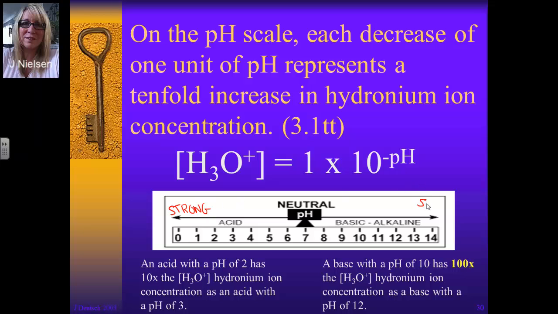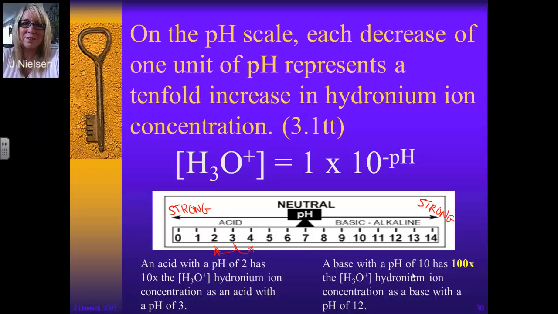And this is my strong bases, way up here near 14. An acid with a pH of 2 has 10 times the hydronium ion concentration as an acid with a pH of 3. So it's 10 times more when I go from 3 to 2. It's 10 times less when I go from 3 to 4.